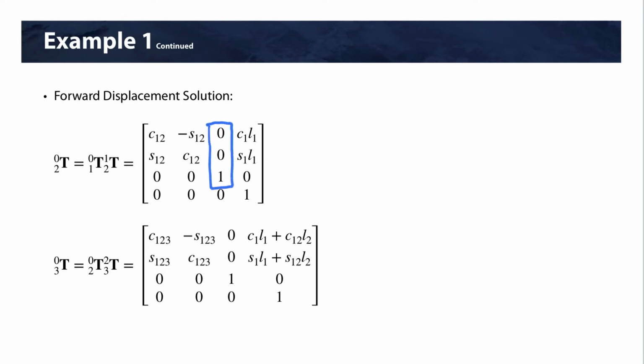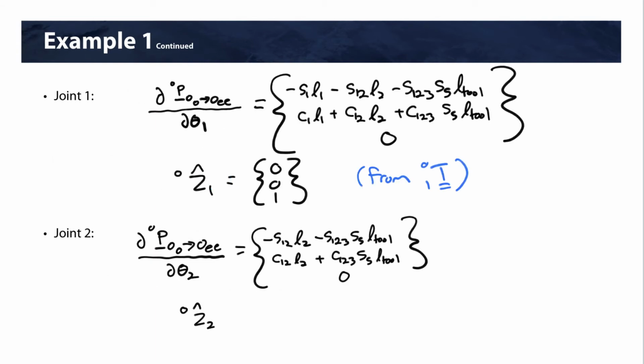All right, and let's go make a note of that on our slide. So it's also 0, 0, 1, which makes sense because joints 1 and 2 are parallel. So this is from T02 now. All right, so that's joint 1 and 2 done.